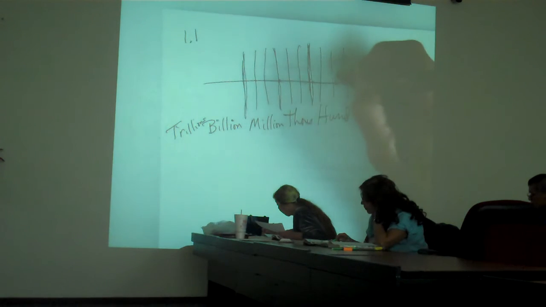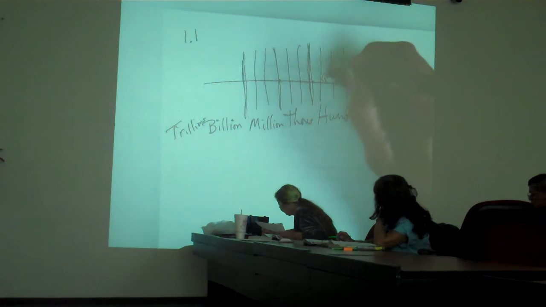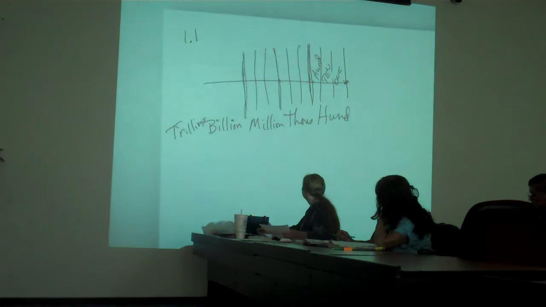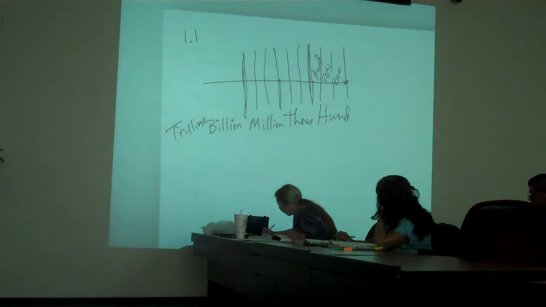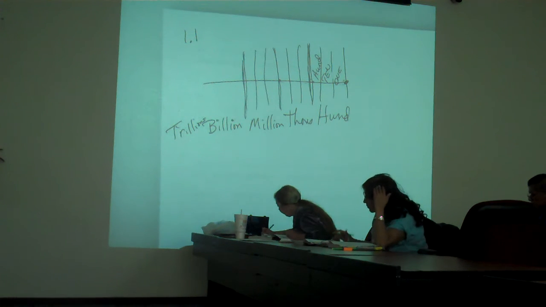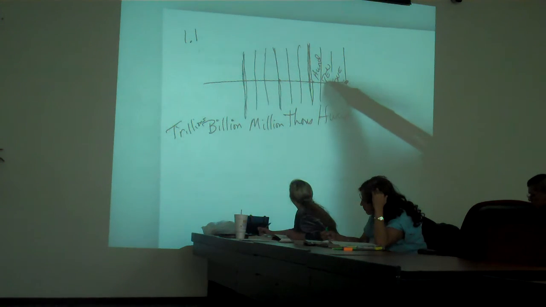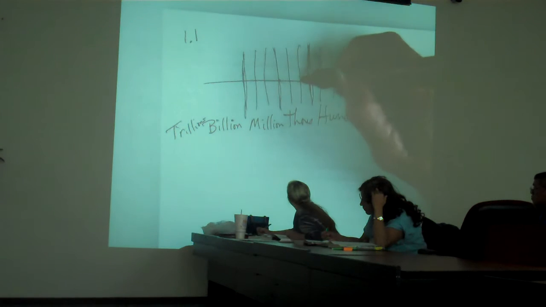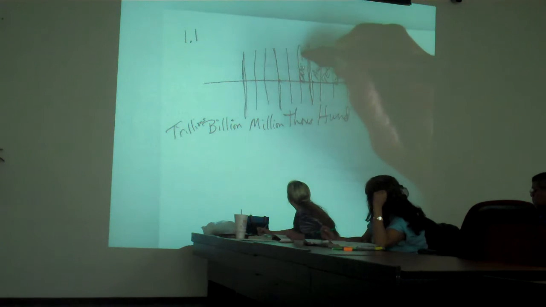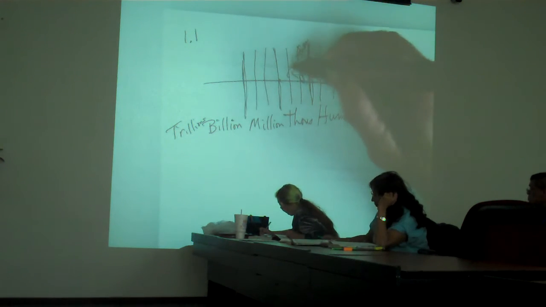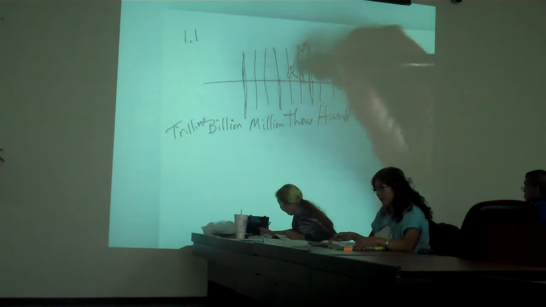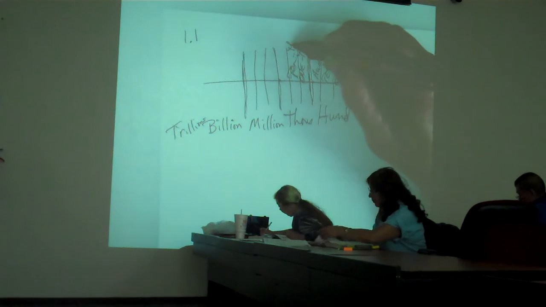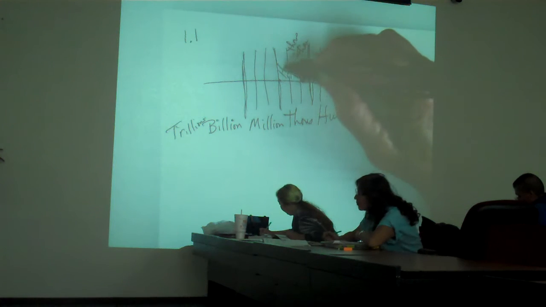So you've got your ones, your tens, and your hundreds. Then on the thousands you would have 1,000, 10,000, and 100,000.